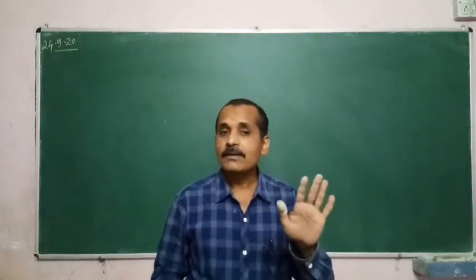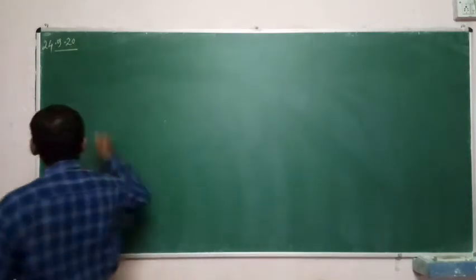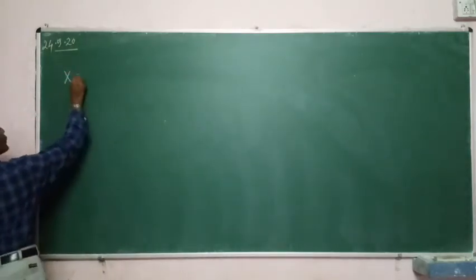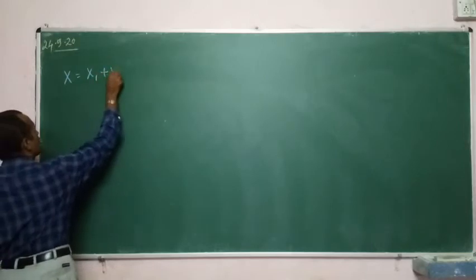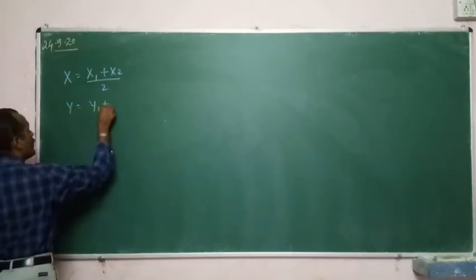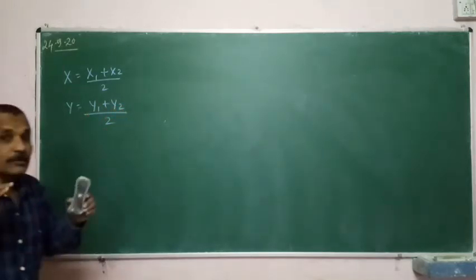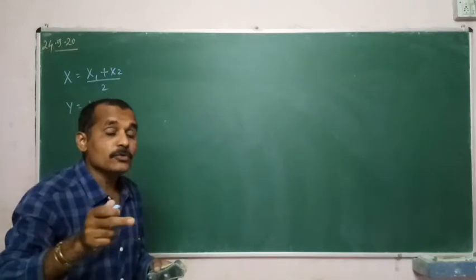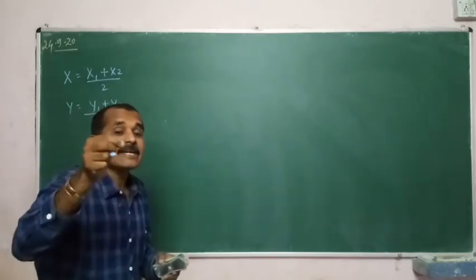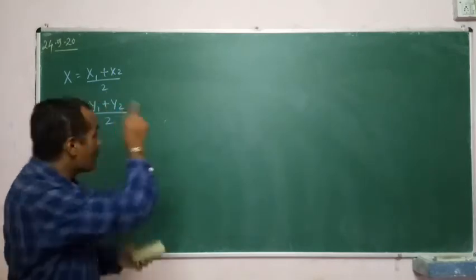If it happens to be a midpoint, then we can use the formula x is equal to (x1 plus x2) divided by 2 and y is equal to (y1 plus y2) divided by 2. This is the simplest formula we can use if they have given you that the point which divides the line segment is a midpoint. Let us see some problems based on this.